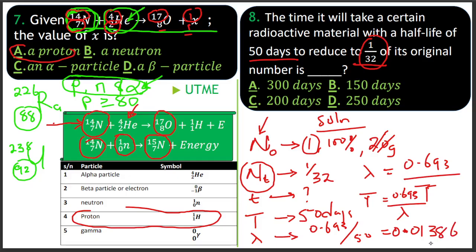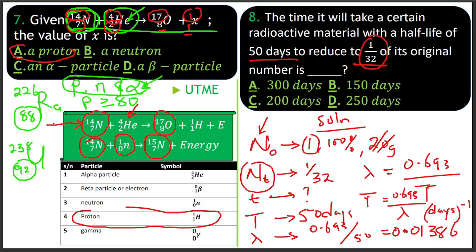Okay, and the unit of decay constant is whatever the unit of half-life is. So in this case, it will be per day, like you have days, you put raised to power minus 1, that is per days.